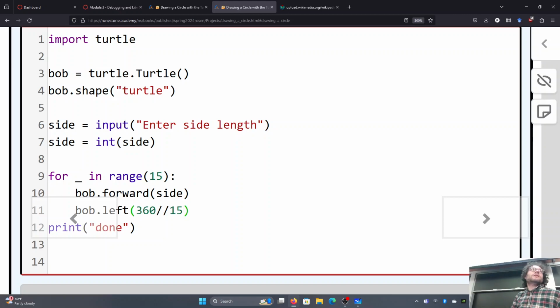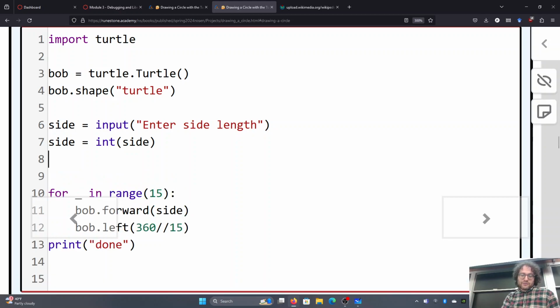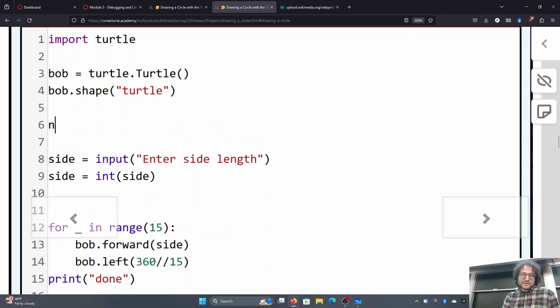Yes? Is there something you could put instead of having to rewrite whatever's after range so it just goes automatically? Yeah, I could write a variable like this. You actually predicted what I was going to suggest next. Num sides is equal to however many we have over here.